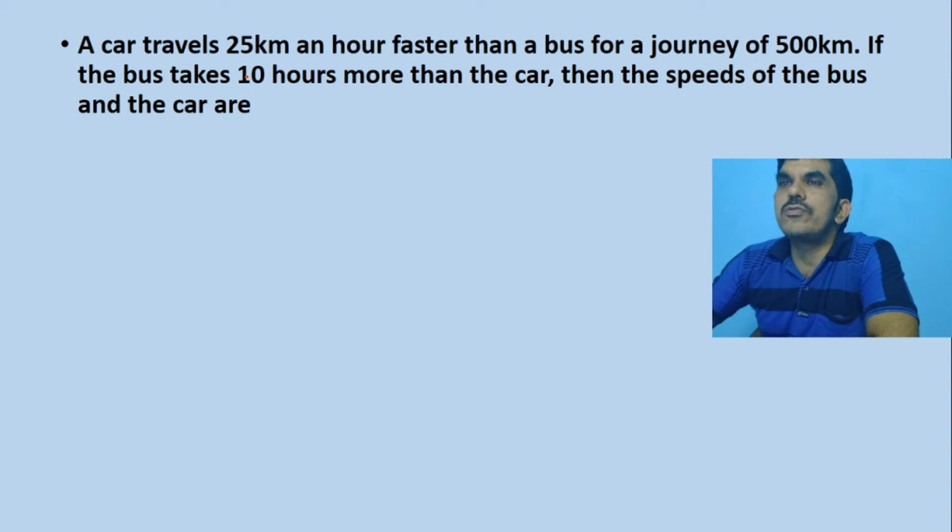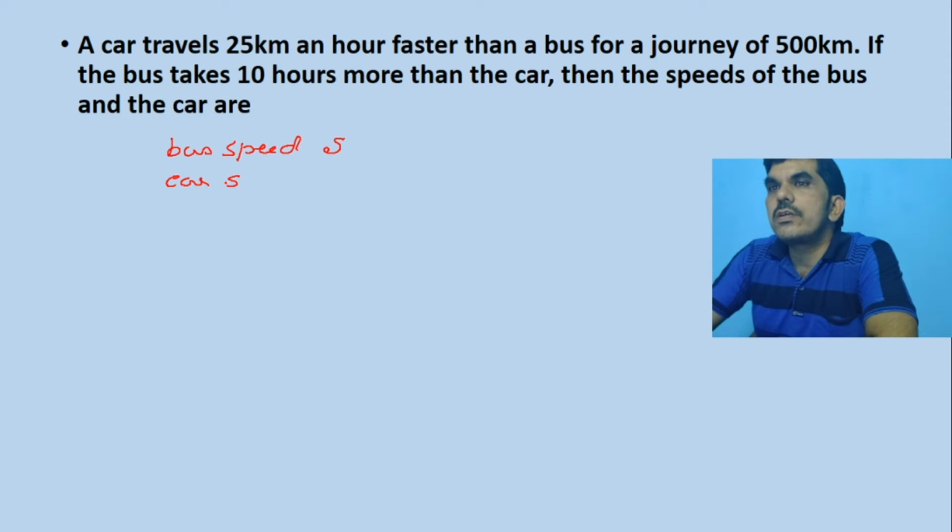It is similar to the previous problem. What is given here? A car travels 25 km an hour faster than the bus. So if the bus speed is s, bus speed I will assume as s, then car speed is s plus 25.